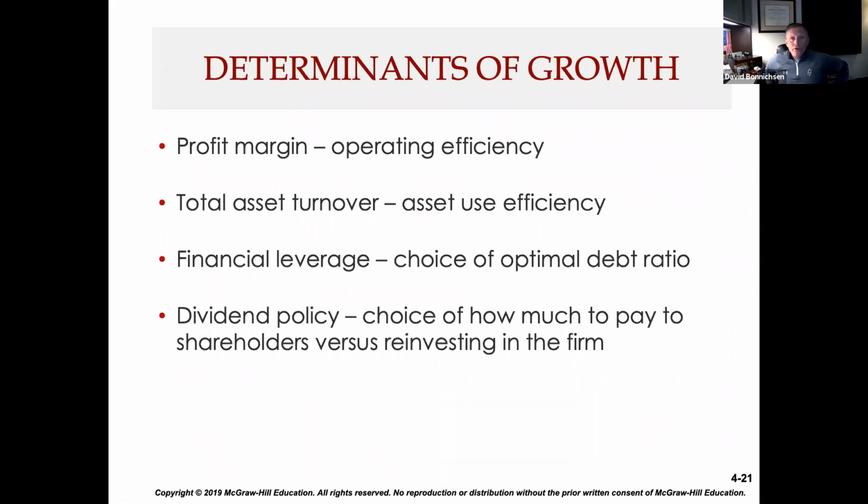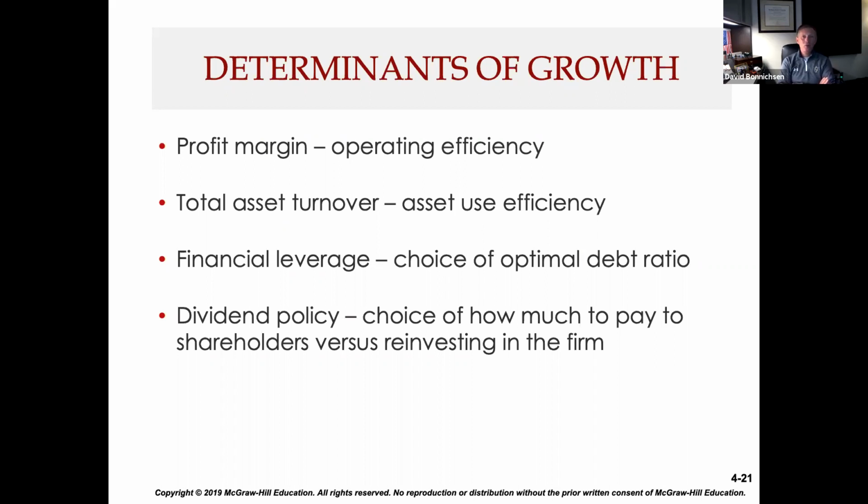So what are some of the determinants of growth? We talked about some of them last week within the DuPont identity, and here they are again. Profit margin: how well are we controlling our costs? How is our operating efficiency doing? Total asset turnover: how many times a year are our assets delivering revenue for the firm? Financial leverage: what is the equity multiplier for our firm?